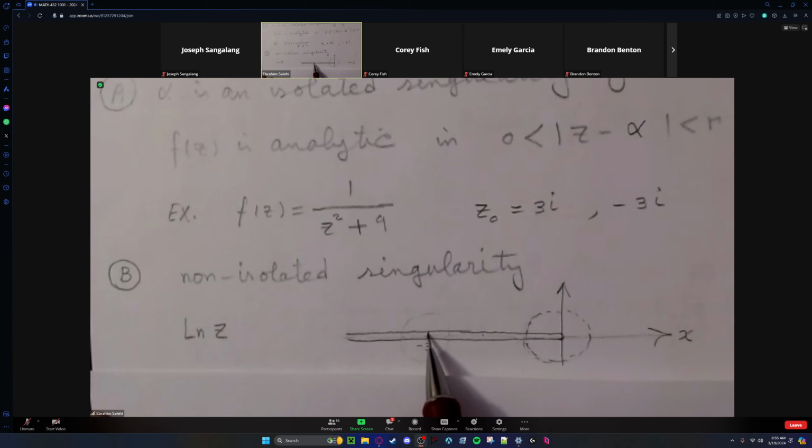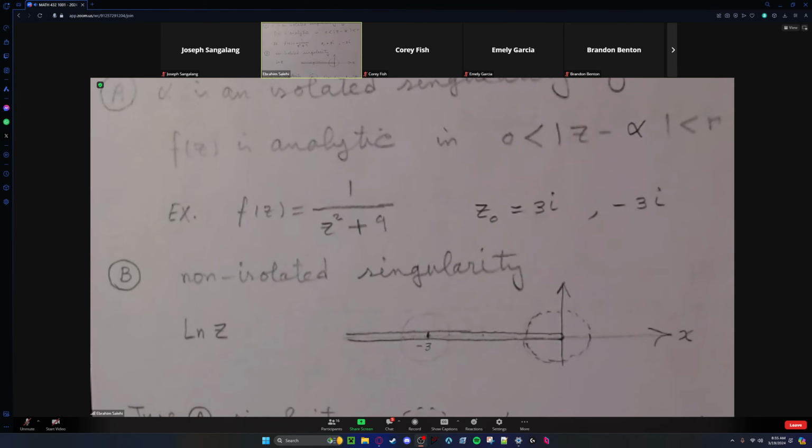So it is not just at one point: in any neighborhood of that point you consider, there are infinitely many other points where the derivative doesn't exist, okay? Those types of points are called non-isolated singularities.